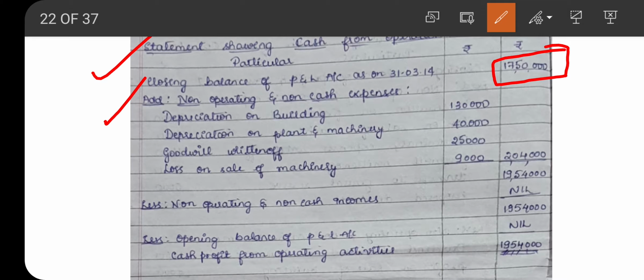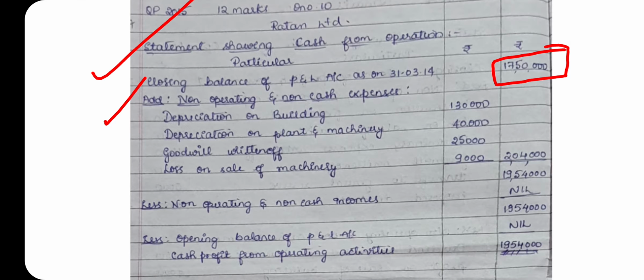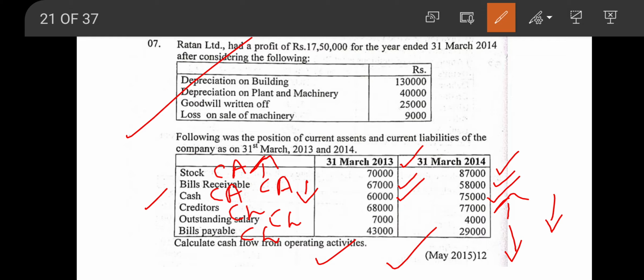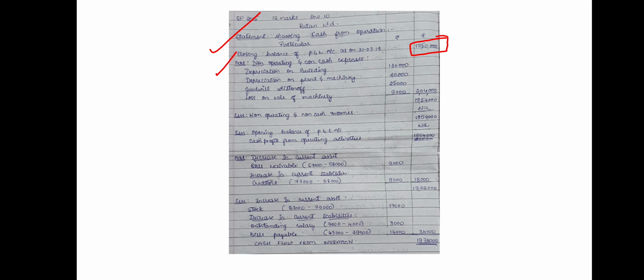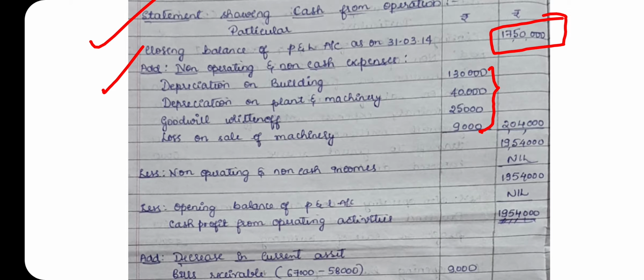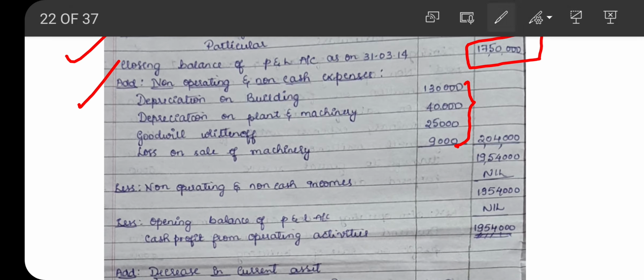Add non-operating and non-cash expenses. So these are the items that are given in the problem: depreciation on building, depreciation on plant and machinery, goodwill written off, loss on sale of machinery. So you need to write these 4 items. The total comes to 2,04,000.